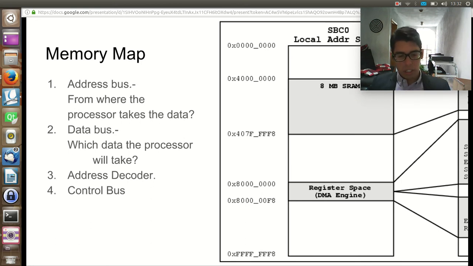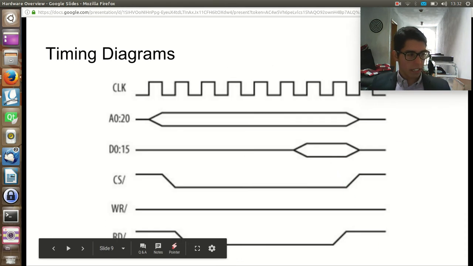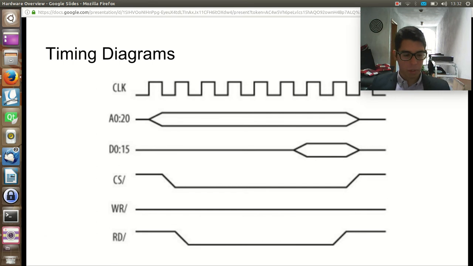Something else I would like to discuss is the read and write signals. They are set to their active levels by the processor based on the type of the memory transaction. It depends on the transaction how it determines the way that you read and write. And there are also the timing diagrams. Timing diagrams are a basic part of the timing requirements.